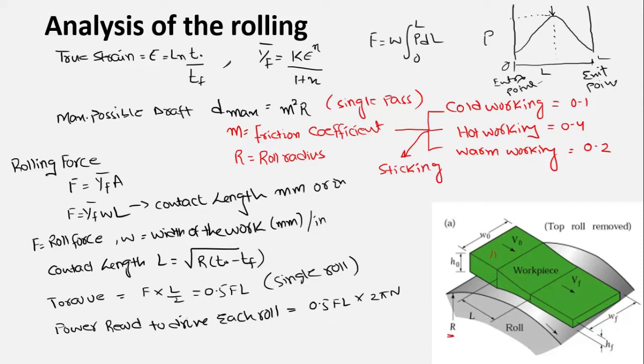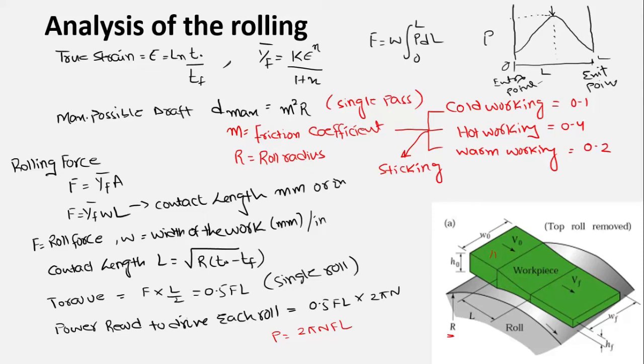But as we know, even the simplest rolling mill consists of 2 rolls, so that torque would be doubled for the power required. So our power would be equal to 2 pi n FL. This is the power required to drive the rolls.